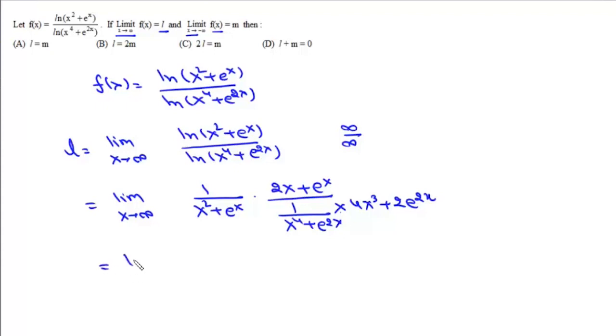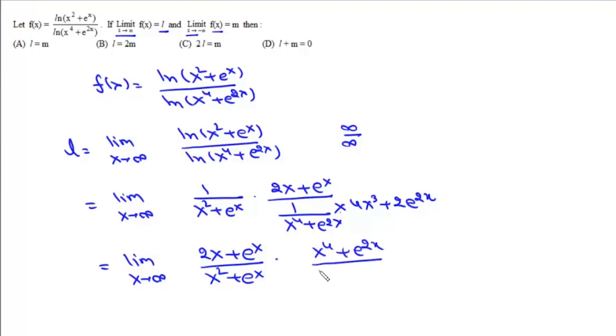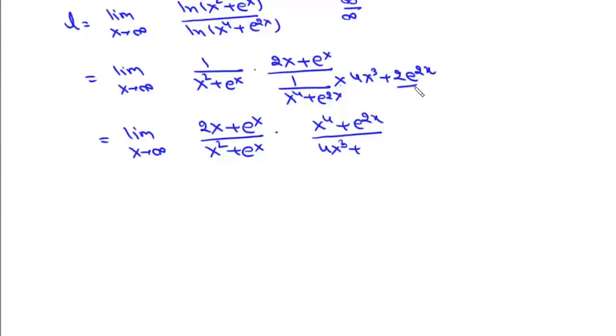Now we can write this as the limit as x tends to infinity of (2x + eˣ) upon (x² + eˣ) into (x⁴ + e²ˣ) upon (4x³ + 2e²ˣ).